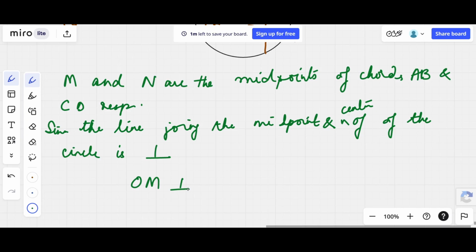OM is perpendicular to AB and ON is perpendicular to CD. And then what do we know?